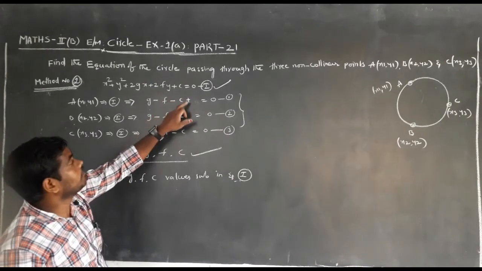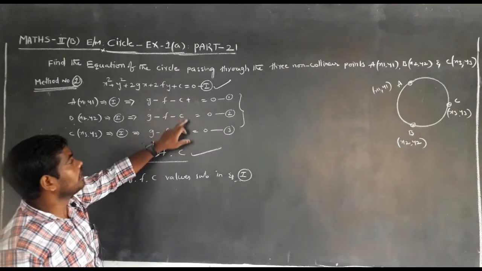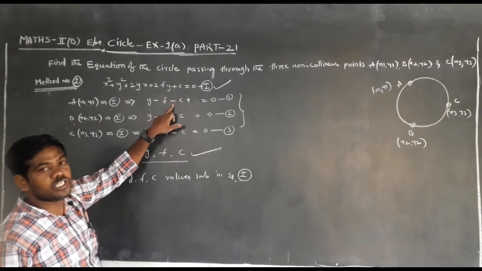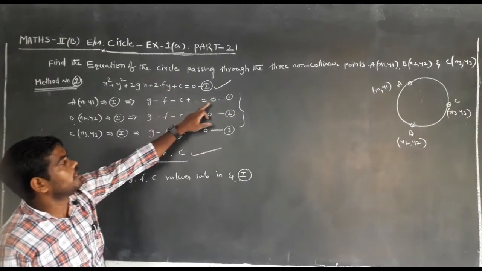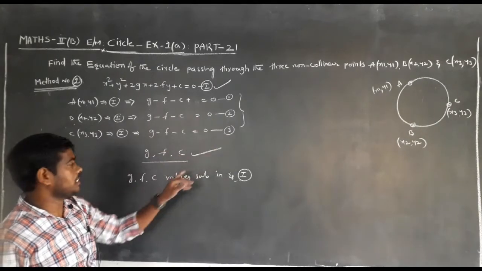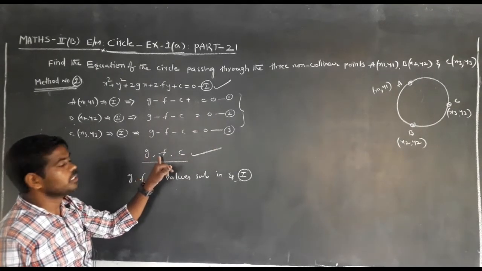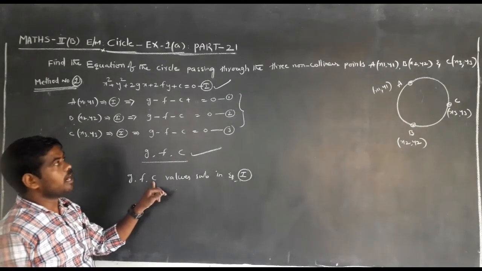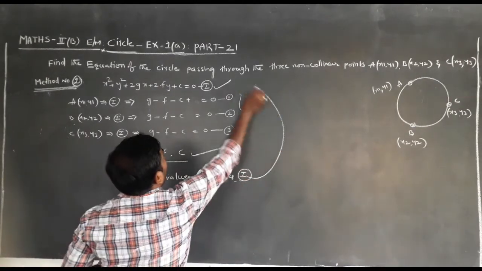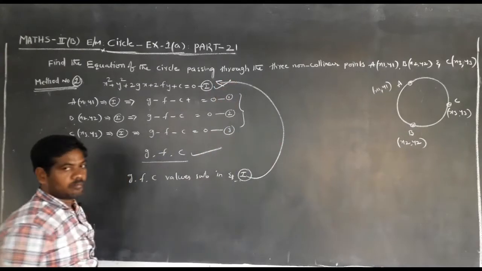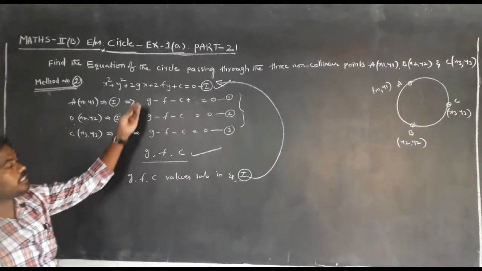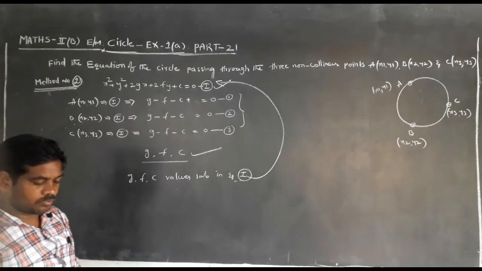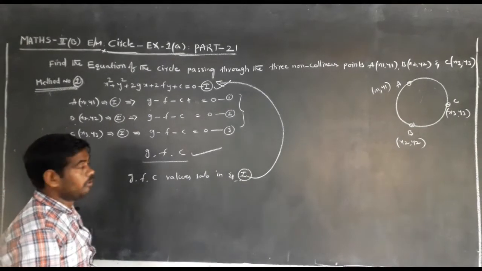Three equations involving g, f and c. Solving for g, f and c, find the values of g, f and c, and substitute them in equation Roman number 1. This is the required equation of the circle passing through the three non-collinear points.